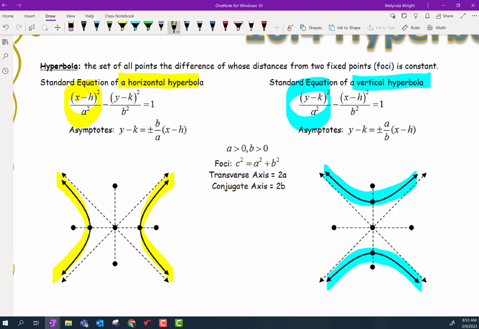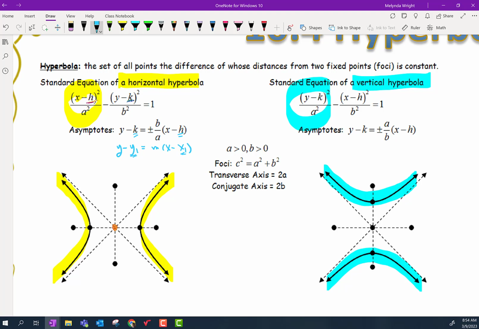So let's remind ourselves the center is (h, k), right? That's the center, and this would be the center right here in the middle. And for our asymptote we write my favorite equation of the line, which is y minus y1 equals m times x minus x1. For our y1 and x1, we always use h and k. That's just what we do.